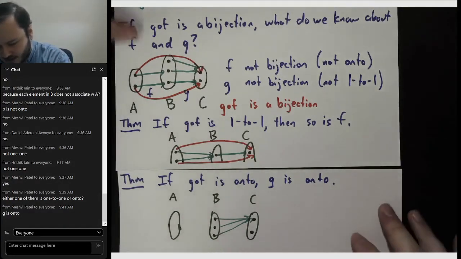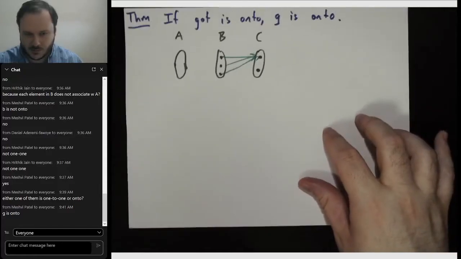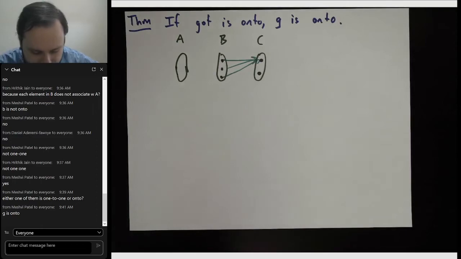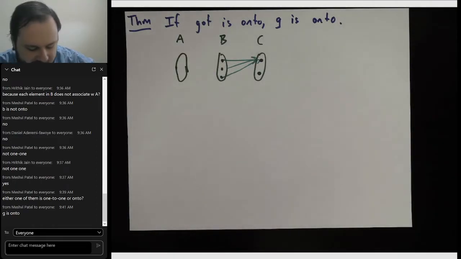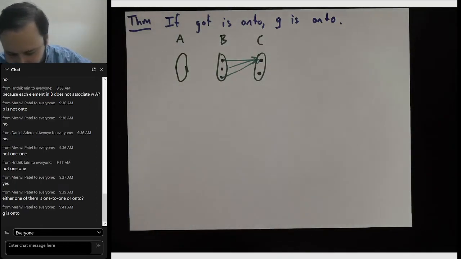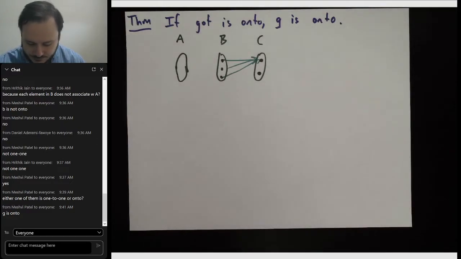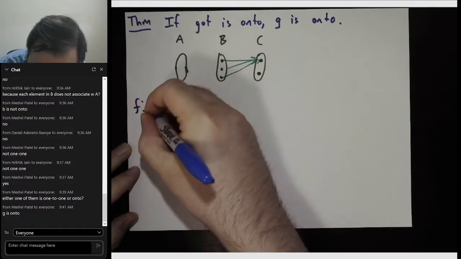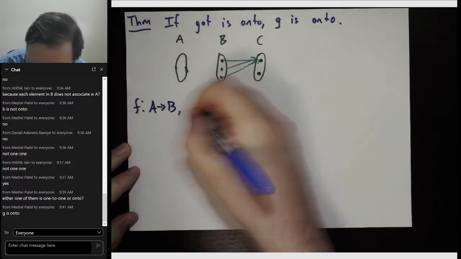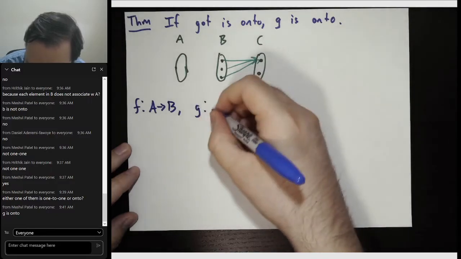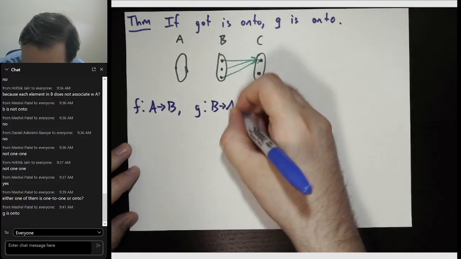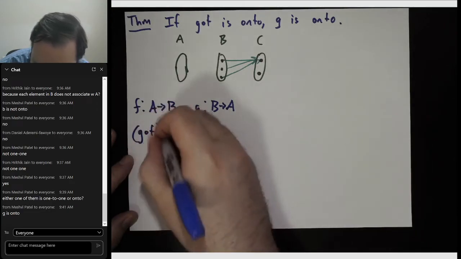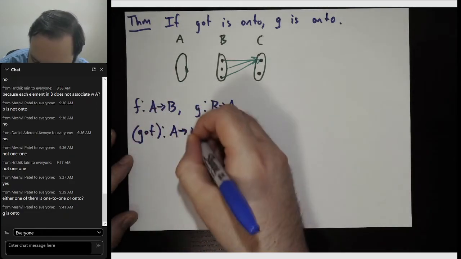One last thing for today, and then we'll wrap it up. There's no rule that says C can't be A. I can have F be a function from A to B, and G can be a function from B to A. And that means that g composed with f is a function from A back to itself.